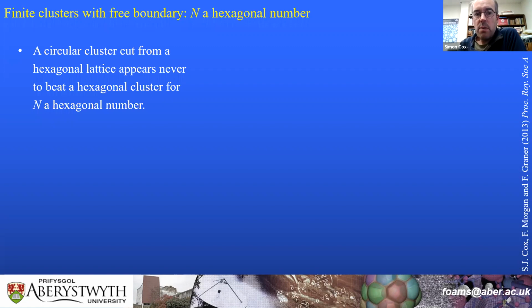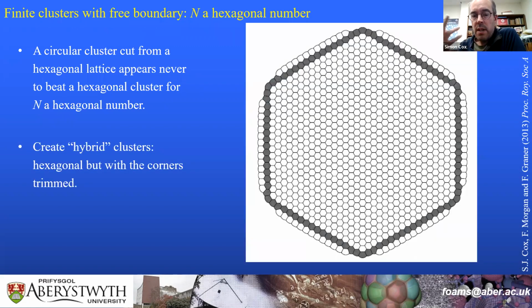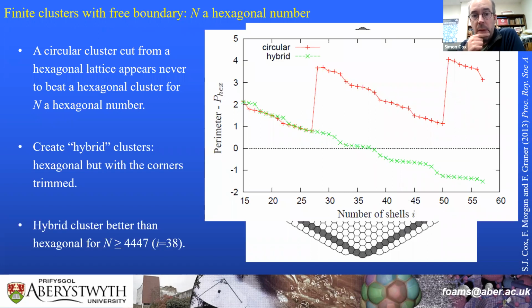And so what we tried to do is, we called them hybrid clusters, somewhere in between hexagonal and circular, and just cut the corners off something taken from a hexagonal pattern. And indeed, this is better than hexagonal and better than circular when you have more than about 38 shells of hexagons. That is 4,500 bubbles.